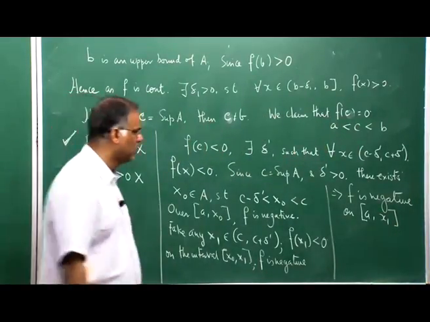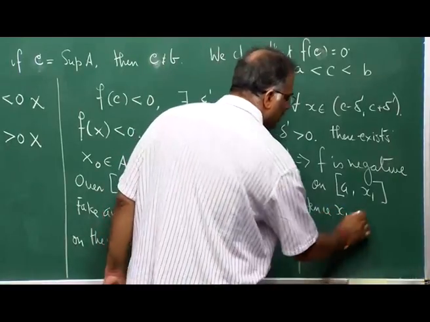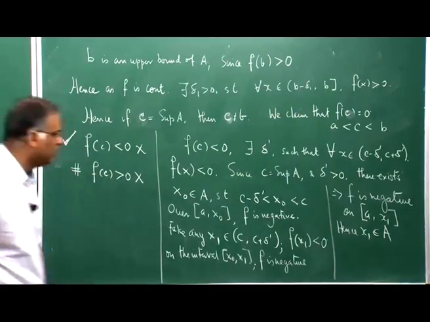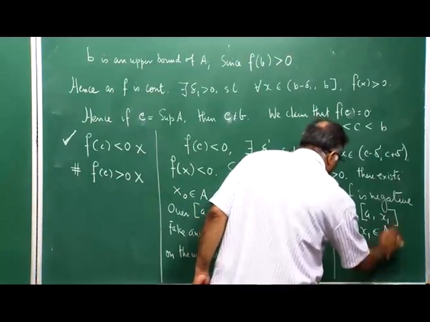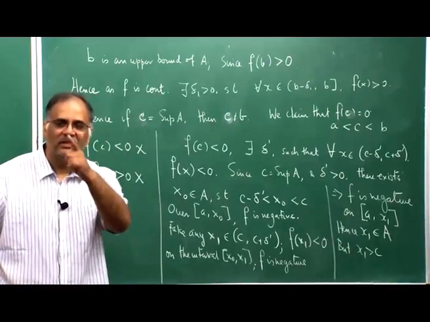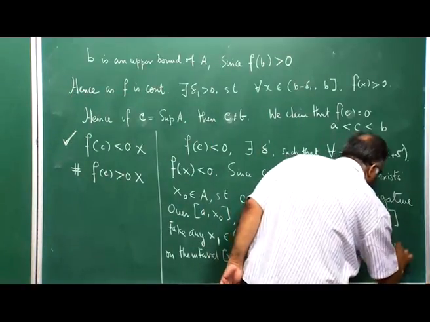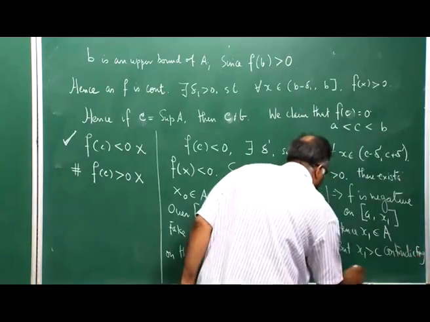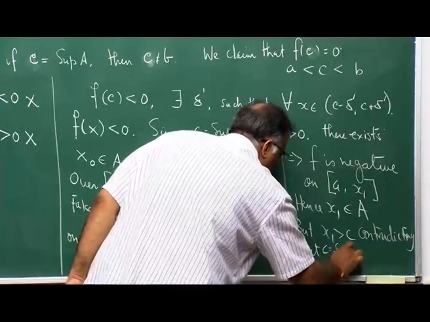Hence x1 is an element of A, but x1 is strictly bigger than c, contradicting the fact that c is the supremum of A.